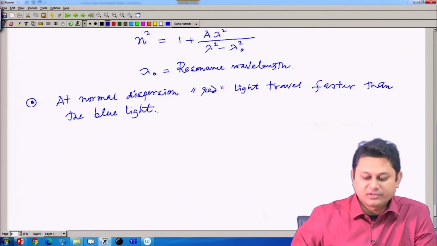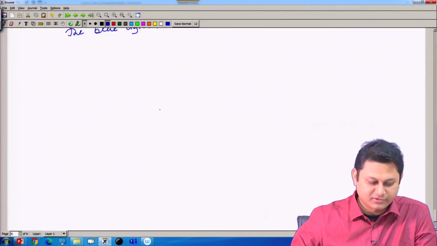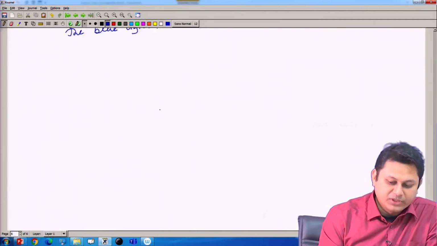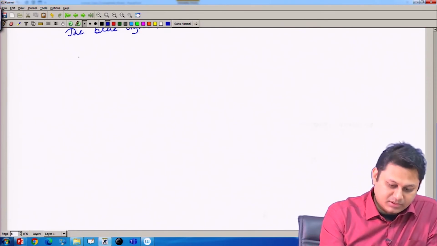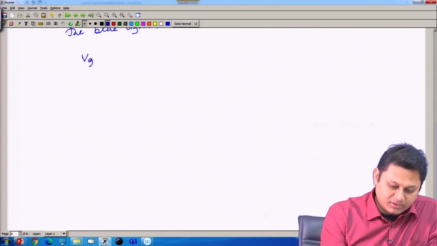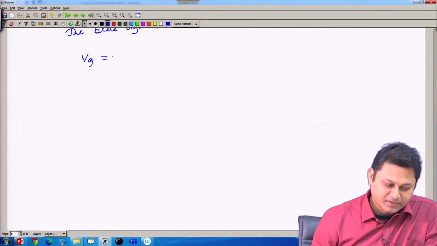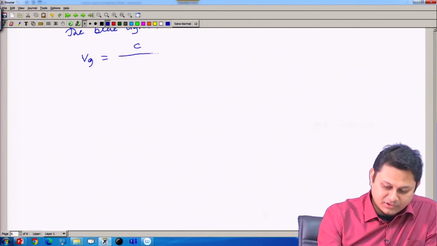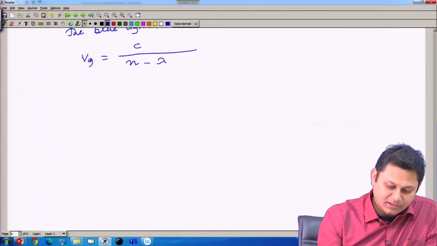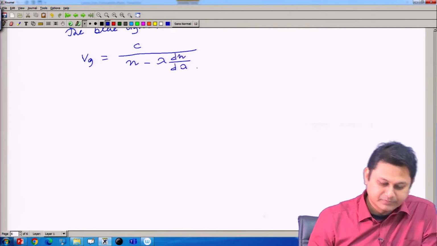So, in normal dispersion, the red light is traveling faster than the blue light, and we can see that with the expression of Vg. Vg is the group velocity, which is a function of lambda, and one can write it as n minus lambda dn/dlambda. This is the expression of that.